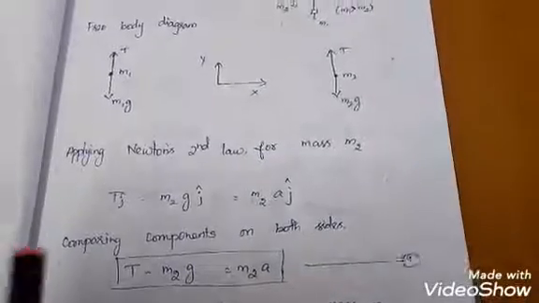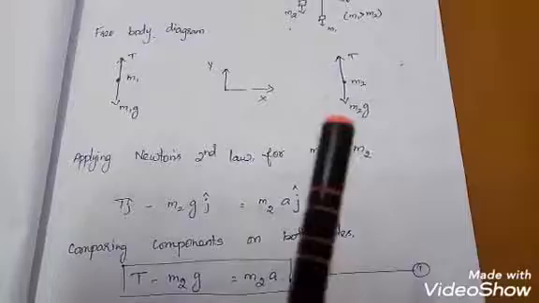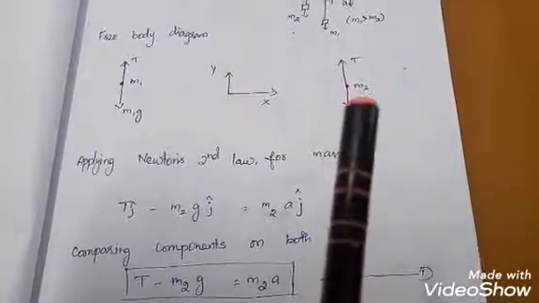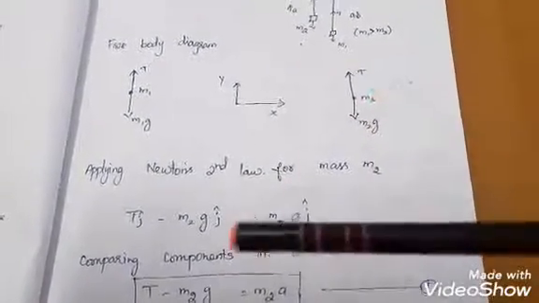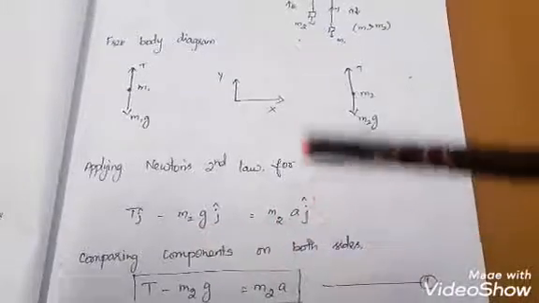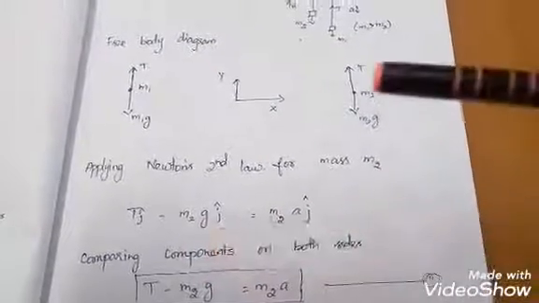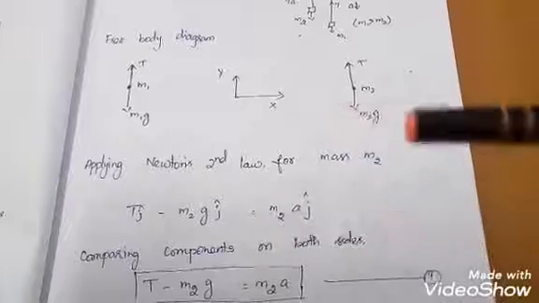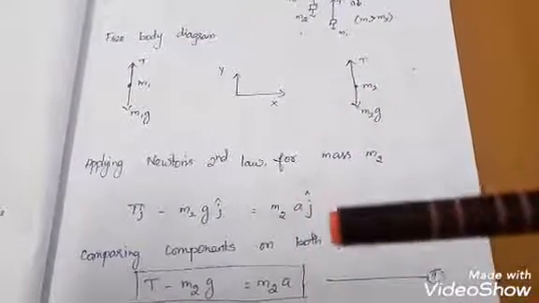Applying Newton's second law for mass m2, this is the mass m2, tension, that is Tj. Why do we use j? This is the y component, so we use j. So Tj cap minus m2g equals m2a j cap.